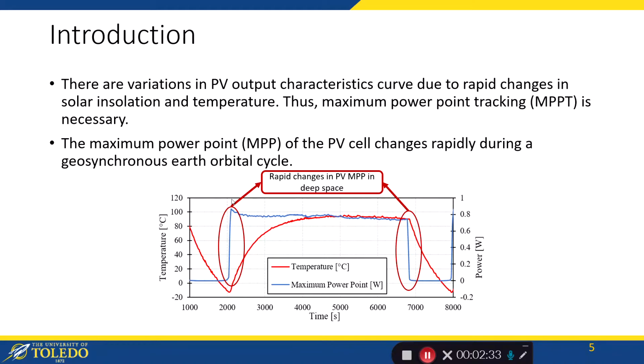These two changes are because of the shift in the solar irradiation on the PV array of the spacecraft, and we need to make sure that this maximum power point is always being tracked by the power converter so that we get the maximum power out and have the power converter work at its maximum efficiency.